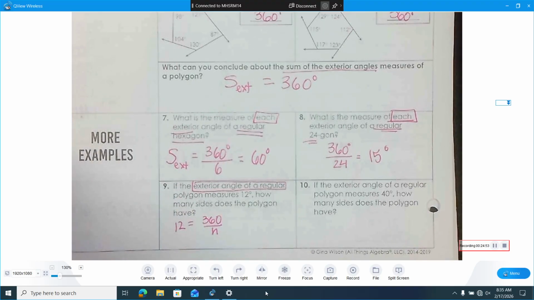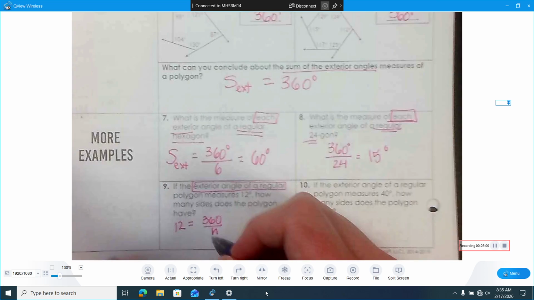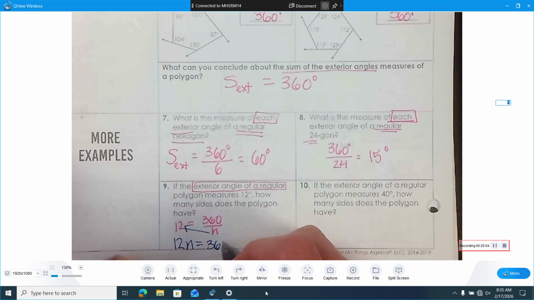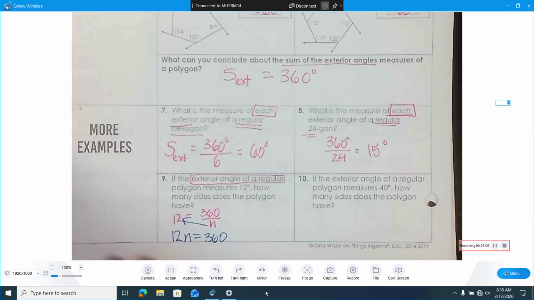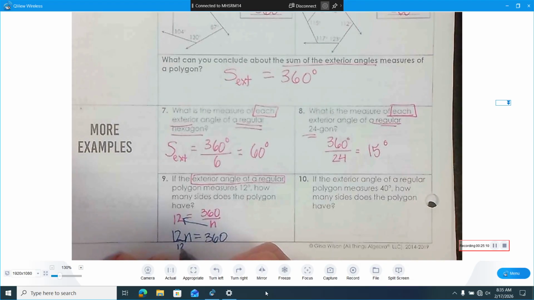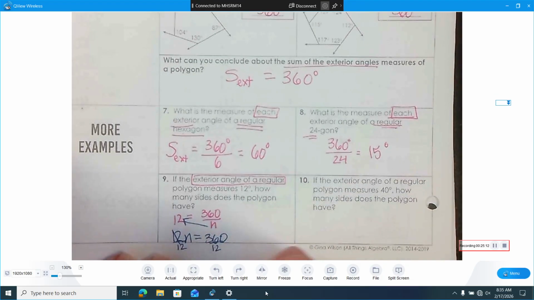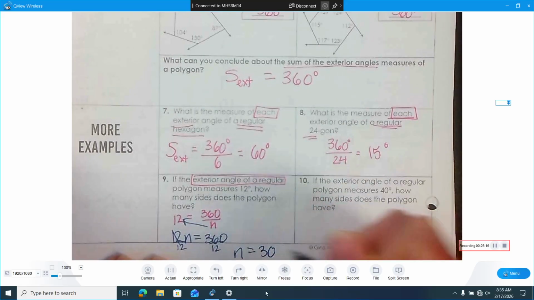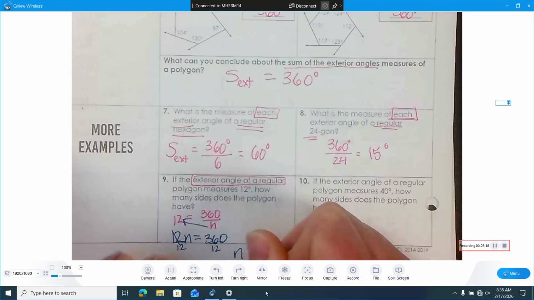How are we going to solve this one? Times by n to the other side, good. So 12n equals 360, and then divide by 12. So n equals, what is that, 30? 30 sides.